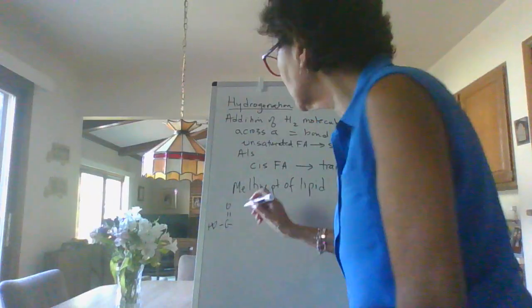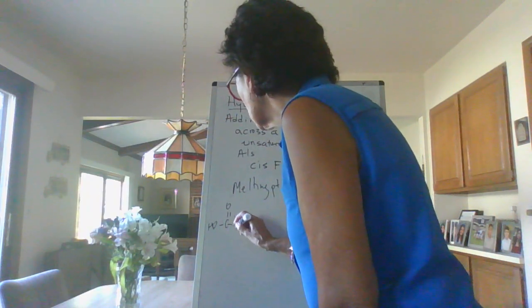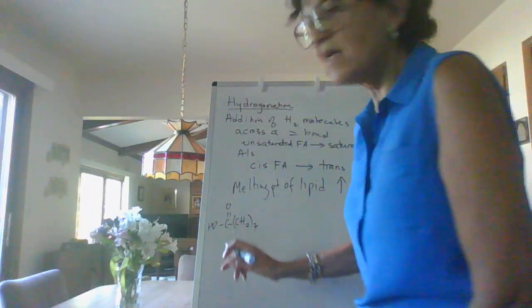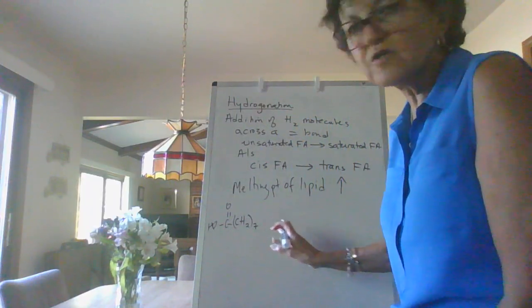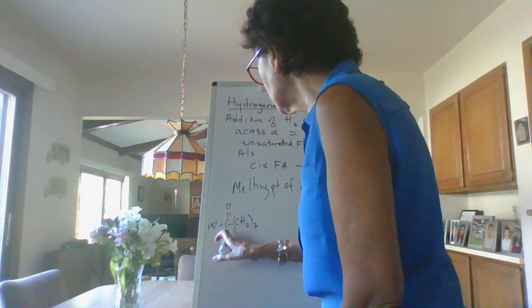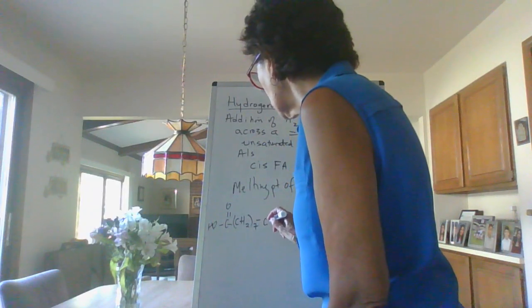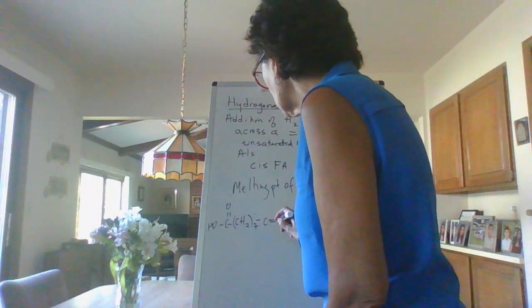I'm going to kind of condense it so that I have enough space. So these are 7 CH2s. Instead of writing CH2, CH2, CH2, I've got 7 CH2s. And this is carbon 1, and then I have 7 more. That's 8. So this is carbon 9 and carbon 10.